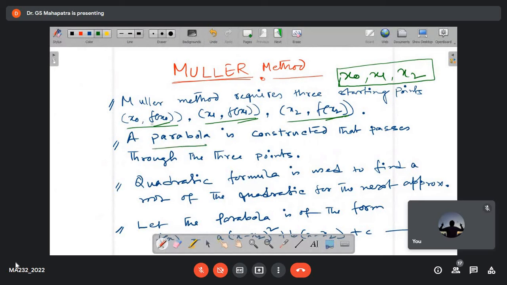So passing through these 3 points, you have to construct a parabola. And since you are finding the parabola, you know the general form of a parabola equation is ax square plus bx plus c. That is y.